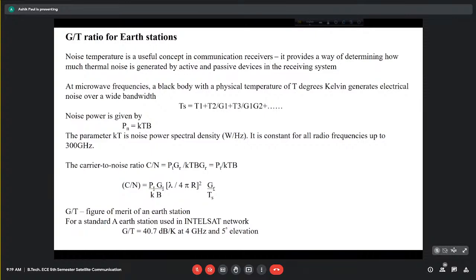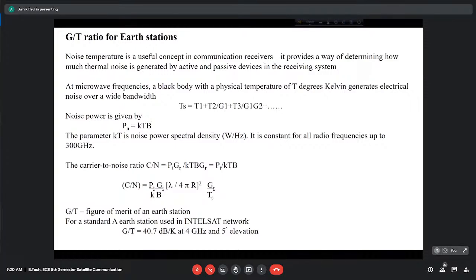So that is why to a radio engineer, it makes sense to design the first few stages of the amplifier keeping in mind that the noise contributions from them should be as low as possible. That means T1, T2, T3 should be as small as possible, and G1, G2, or G3 should be as large as possible.